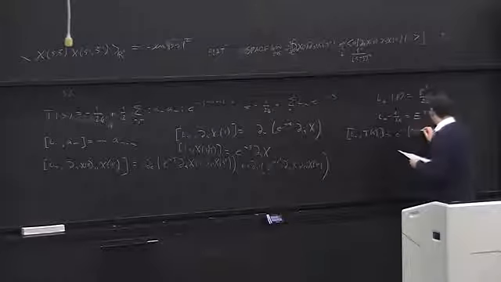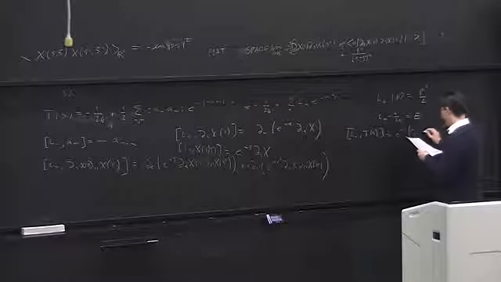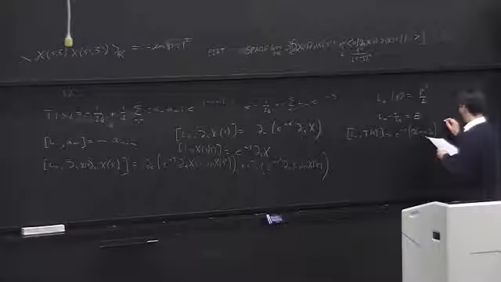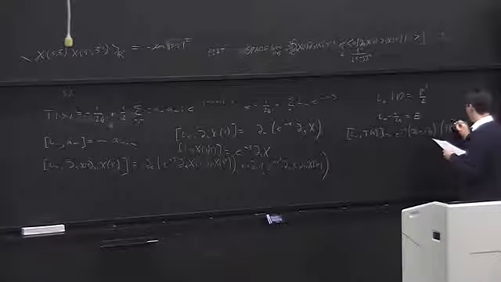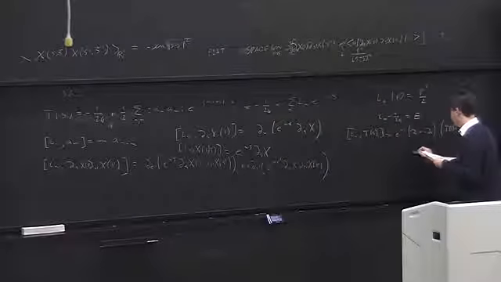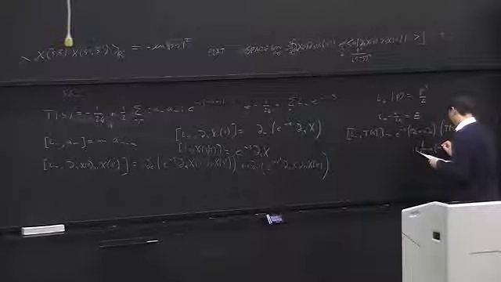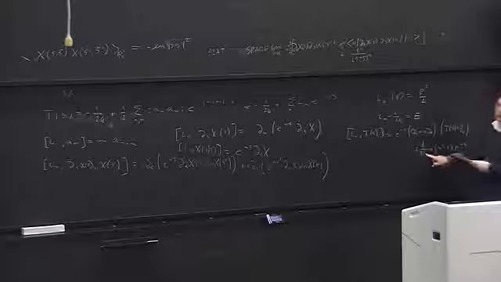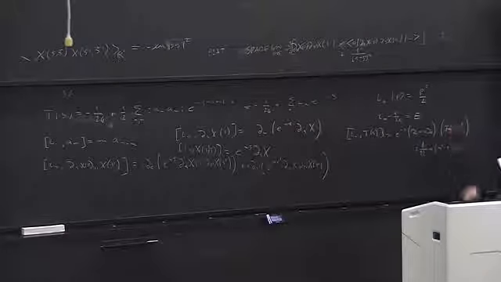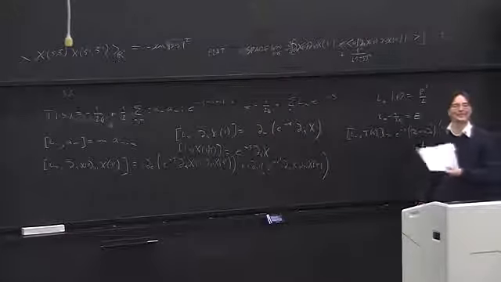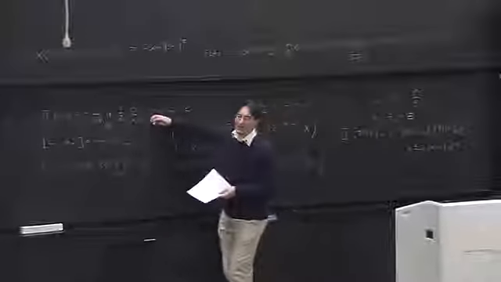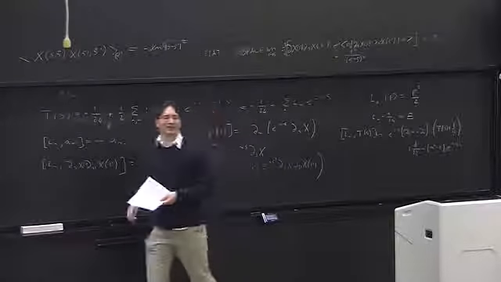So this is another of those 1 over 12 that come out of regulating some infinite sums if you do it by directly commuting the Virasoro generators.